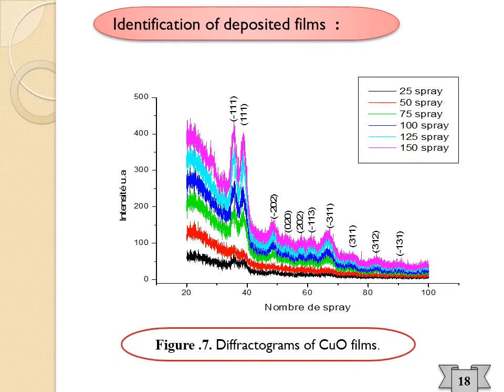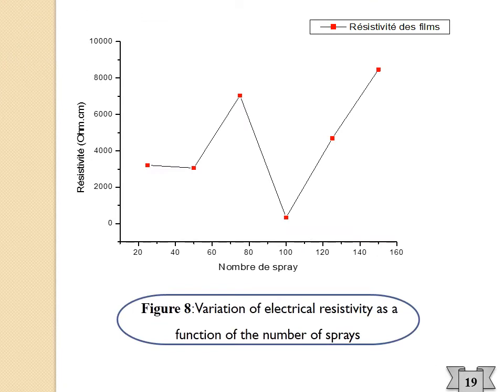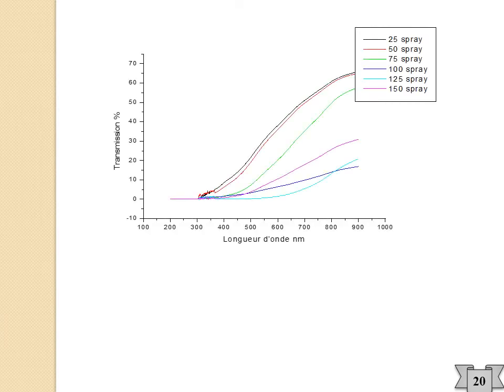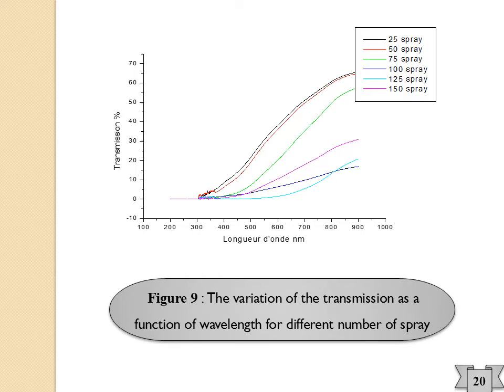This figure represents a diffractogram of CuO films. According to the JCPDS, all the deposited layers show the monoclinic structure of CuO with two preferential orientations. And this figure is a variation of electrical resistivity as a function of the number of sprays.